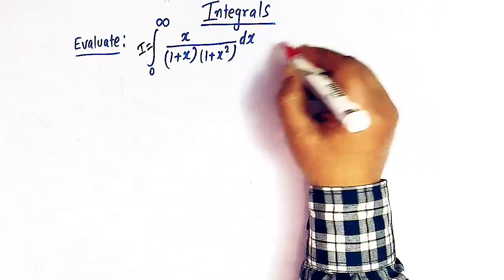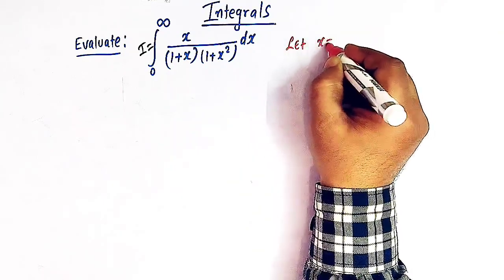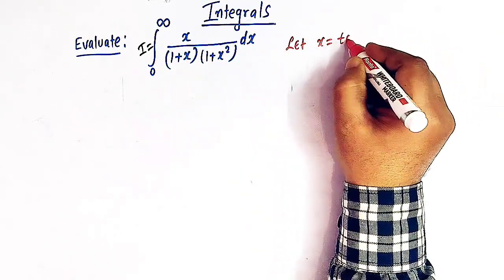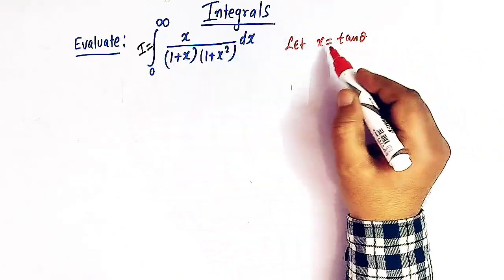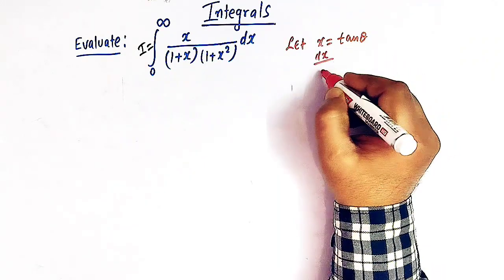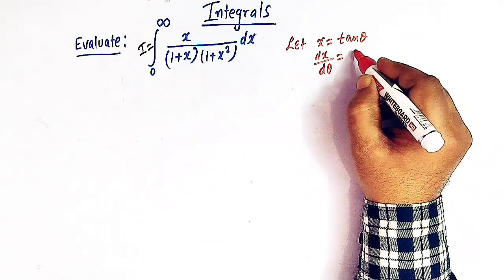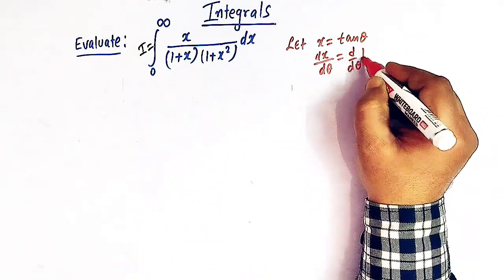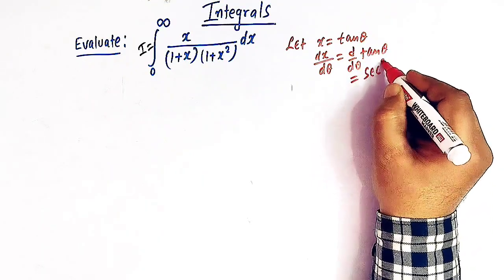Here we'll take the substitution x is equal to tan theta. This is the most appropriate substitution here. If we differentiate x with respect to theta, we get dx over d theta as the derivative of tan theta, and this is secant square theta.